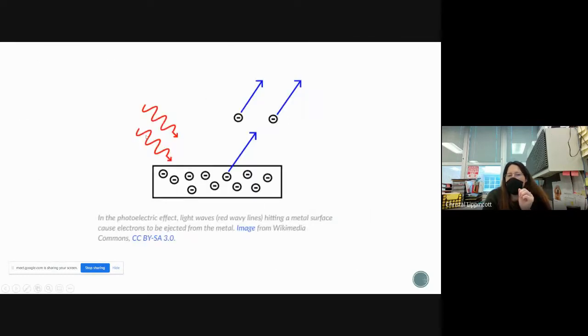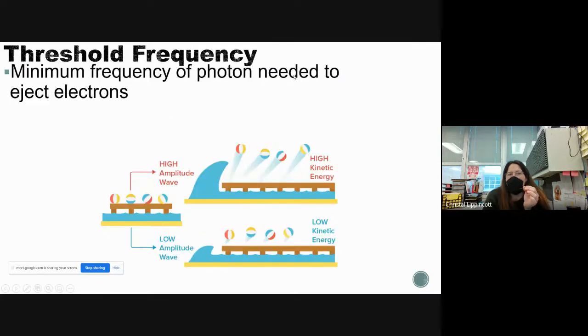So this is kind of a diagram of what that looks like, where you have light coming in. If that frequency of light carries enough energy, it's going to cause these electrons to pop off, and they can measure those electrons and how much energy is required to make that happen.